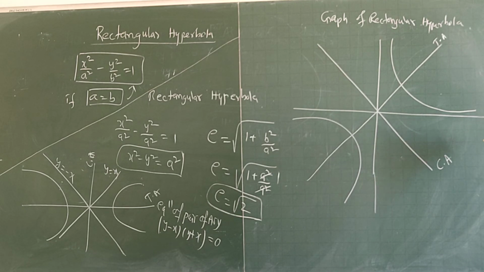The x and y axes, that is x is equal to 0 and y is equal to 0, right? Now if the asymptotes are the x and y axes, this happens, and the hyperbola will be in this shape.